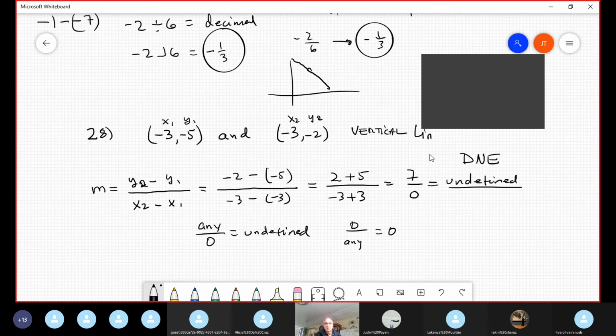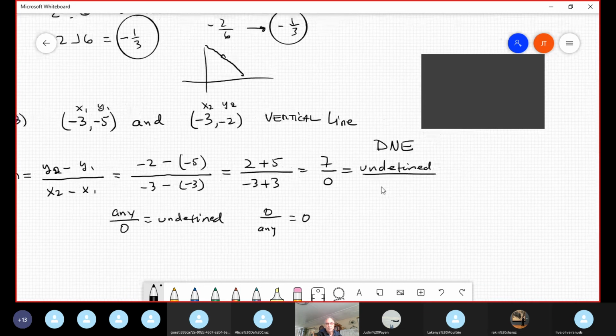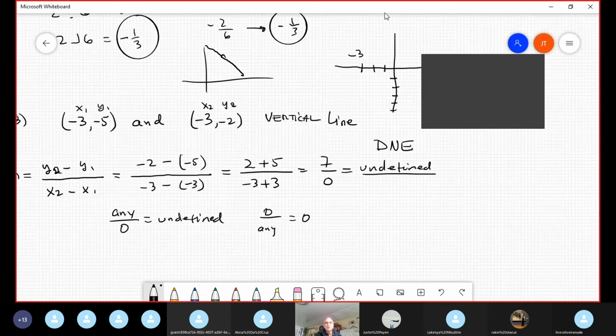Vertical line. Look, let me show you quickly. For example, I try to graph this. -3, -5: -1, -2, -3. -5 is -1, -2, -3, -4, -5.